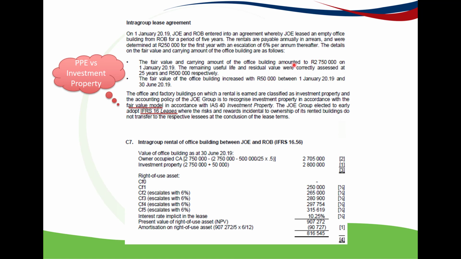There cannot be an investment property of 2.8 million in the consolidated financial statements. There will be a PPE line item, office building, which must be measured in accordance with the cost model, which will be the 2.75 million depreciated over 25 years, of course, less the 500,000 residual value.